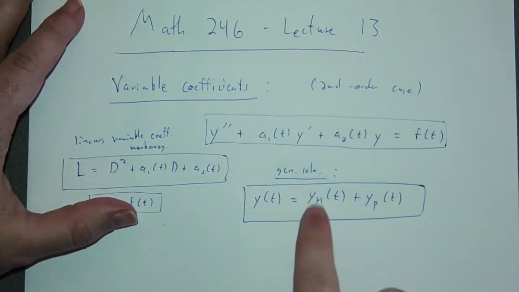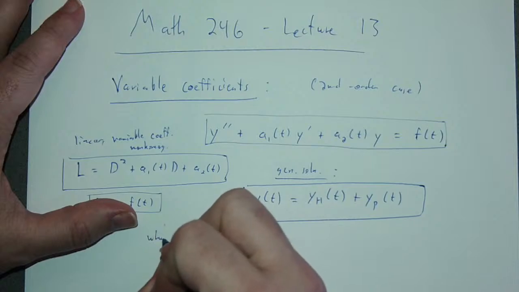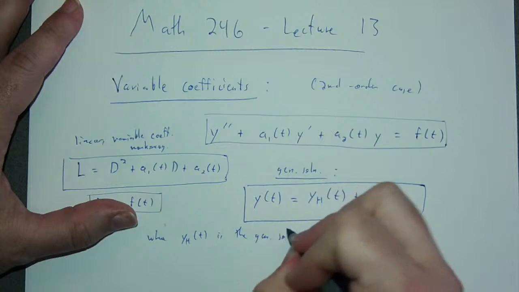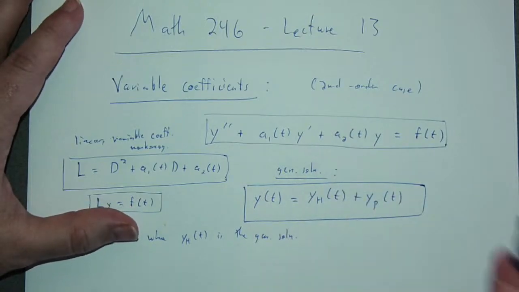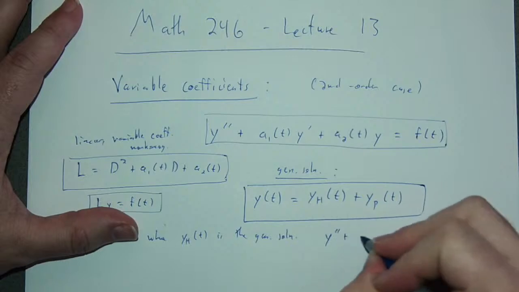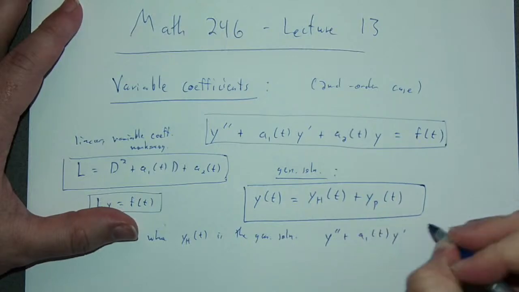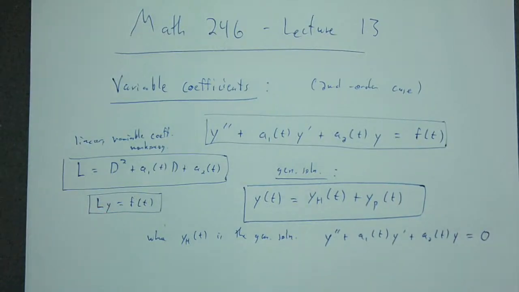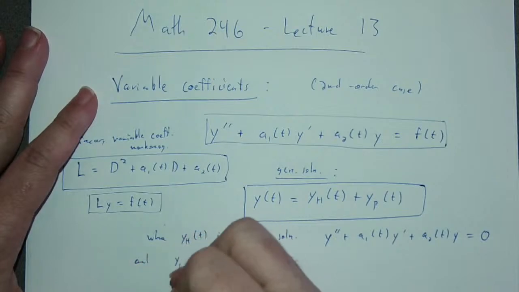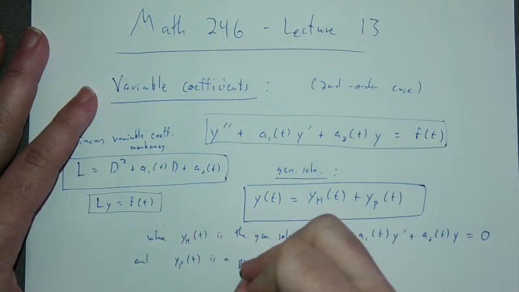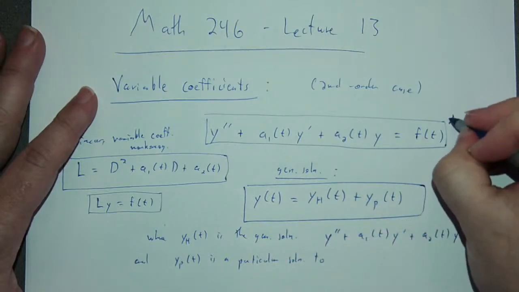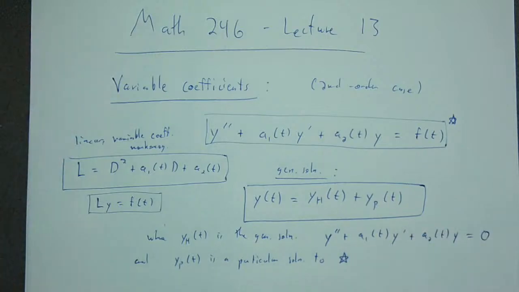Well, y_h(t) is the general solution to the associated homogeneous problem, y'' + a_1(t) y' + a_2(t) y = 0, and y_p(t) is a particular solution to this equation.